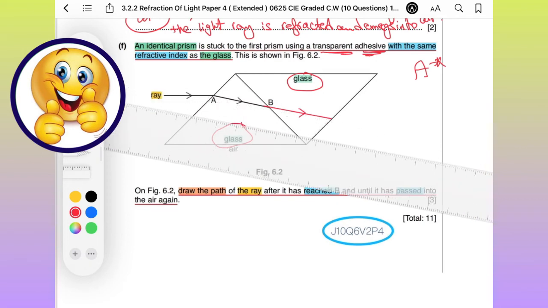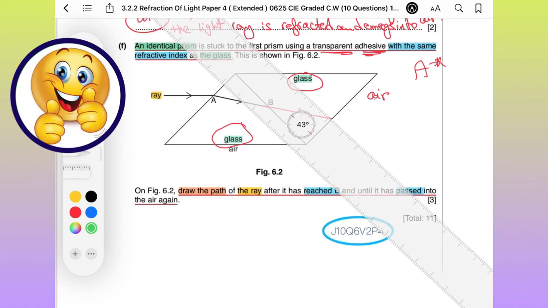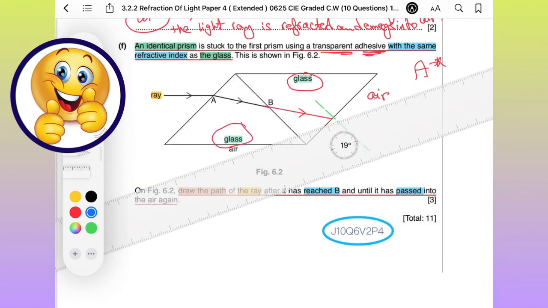Here it's a new boundary between glass and air. As usual, we have to draw the normal, which is perpendicular to the boundary. As the light ray travels from glass to air, as usual, it bends away from the normal.